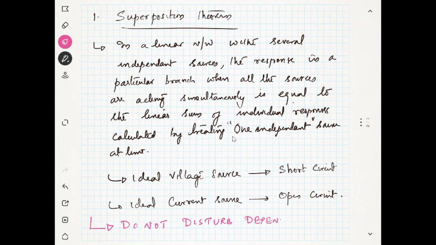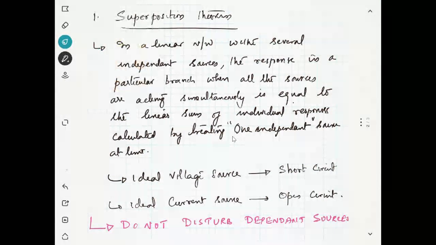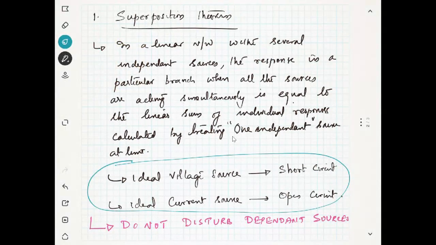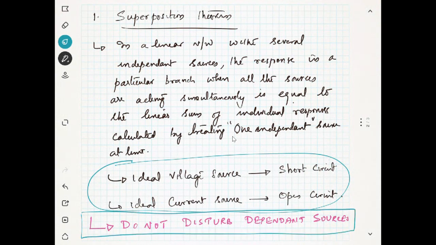If there is a dependent source in the network, don't do anything on it. You can open circuit and short circuit the ideal voltage sources and ideal current sources, but the main point is, do not disturb the dependent sources. Keep them as such. Is it clear?